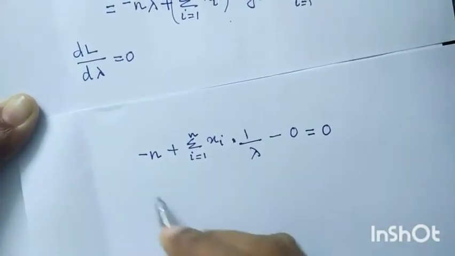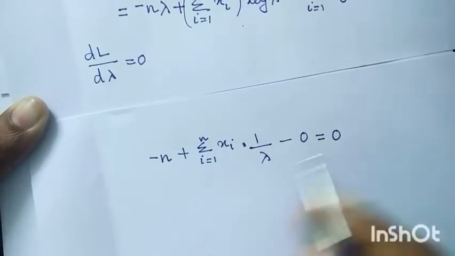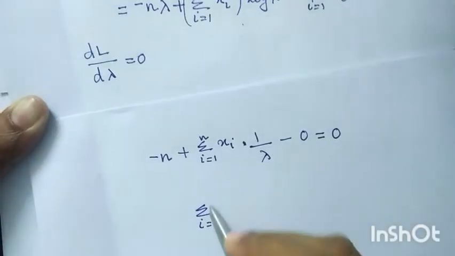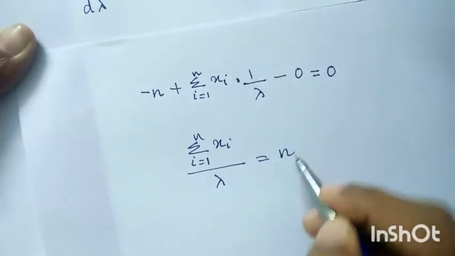Okay, so now we take this minus to the right side. Sigma i equal to 1 to n xi divided by lambda is equal to n.